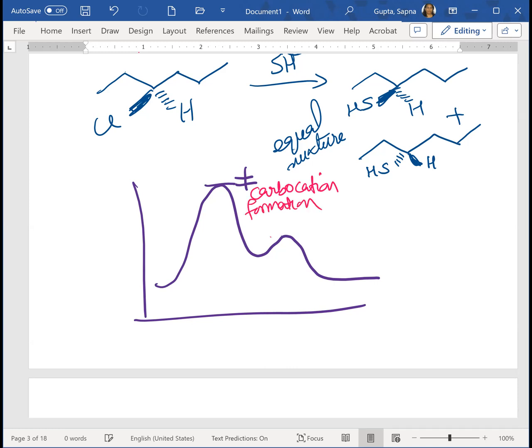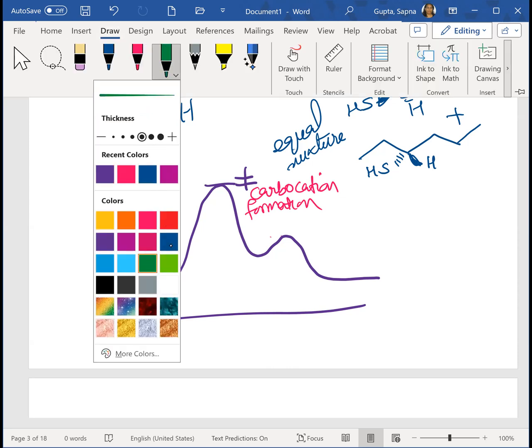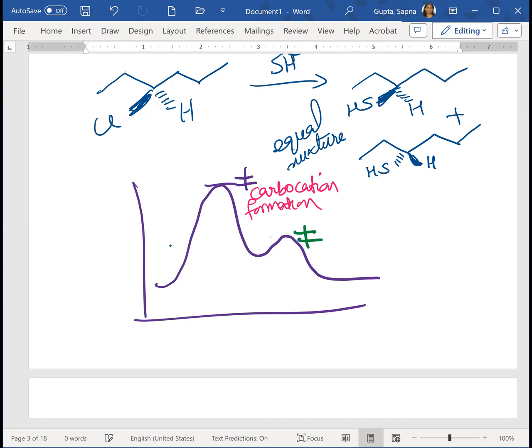The second transition state is the attack of the nucleophile.